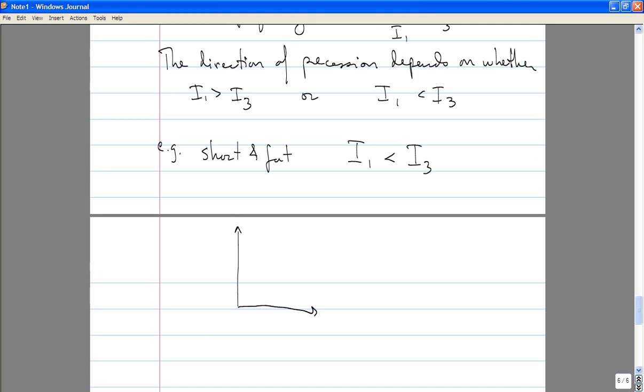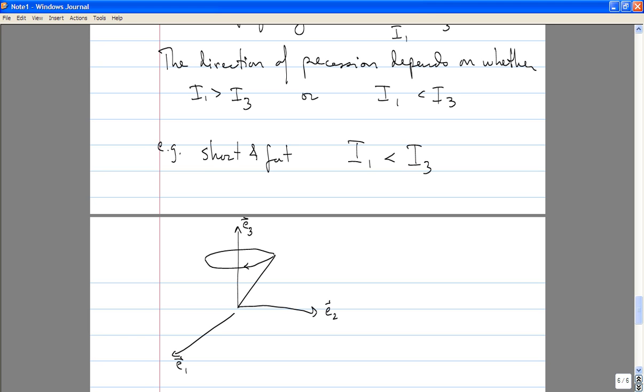So if you look at how the angular velocity evolves, well, its component in the z direction, in the 3 direction, will be constant, but it will rotate around in what I suppose from a top-down point of view would be a clockwise manner.